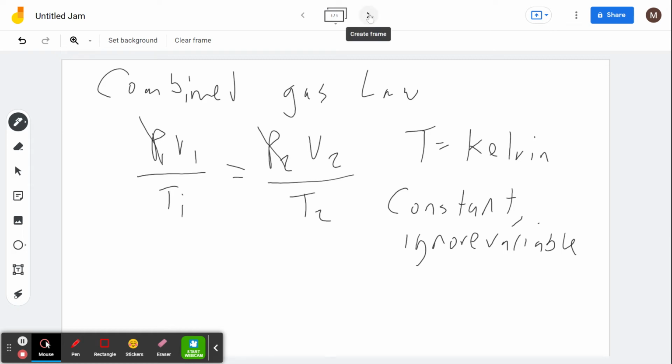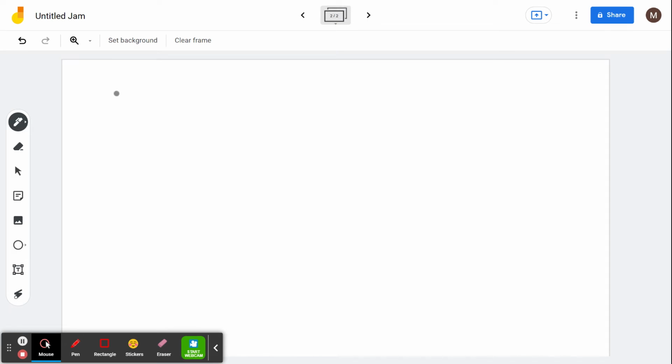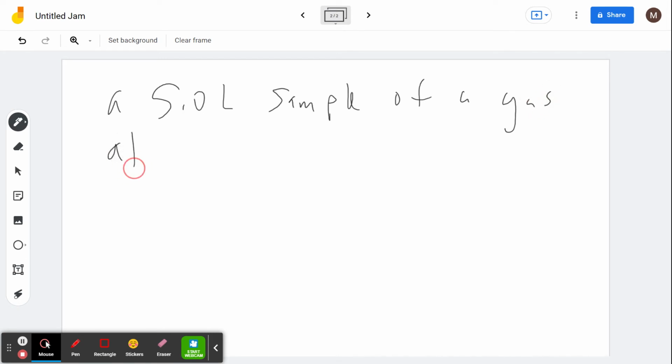A sample problem could be something like: a 5-liter sample of a gas at 200 Kelvin is heated to 400 Kelvin.